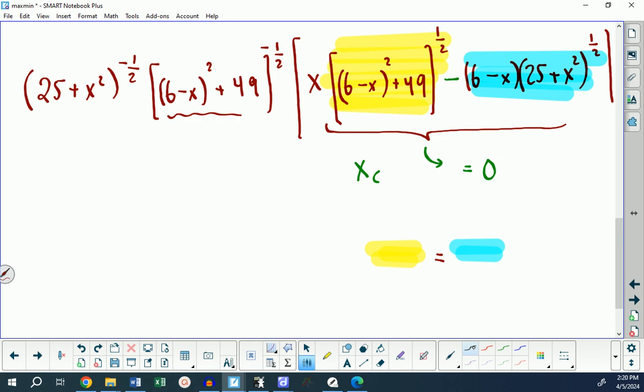This is the reasoning we're using. I mean, I could rewrite the whole thing and say equals 0 and then add one term to the other side. So now I have this. I have x times the square root of (6 minus x) squared plus 49 must equal, nope.